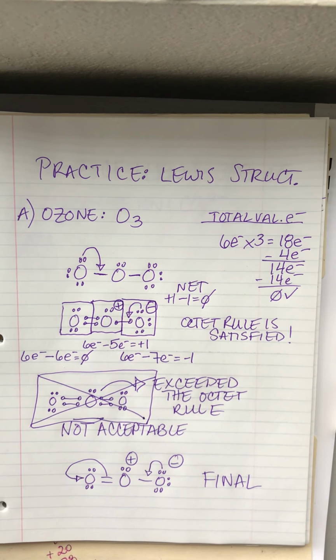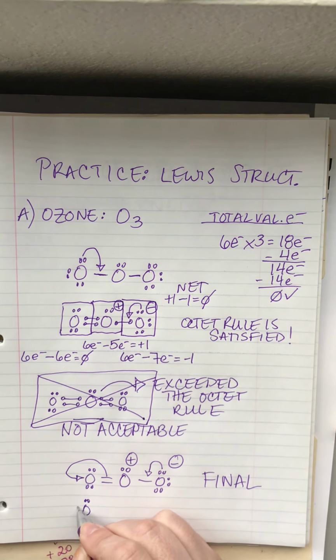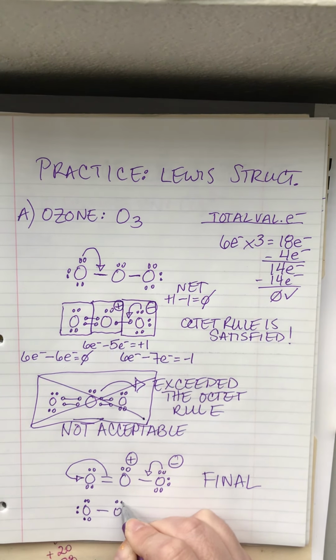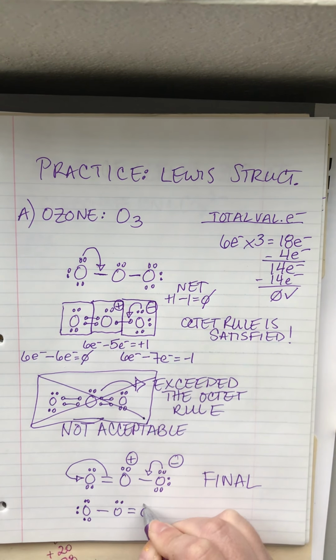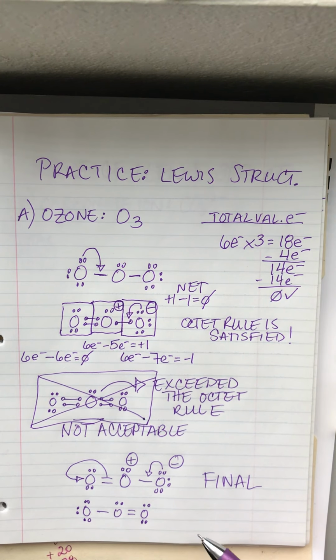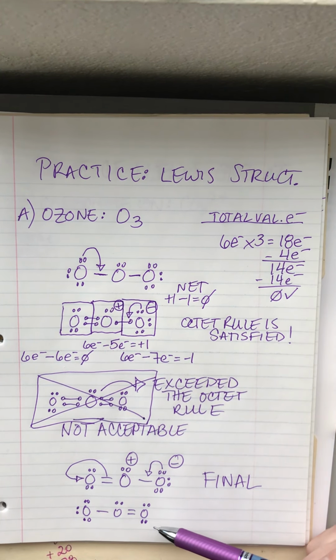If I do that, what I have is an equivalent structure that has the double bond on the other side, right?